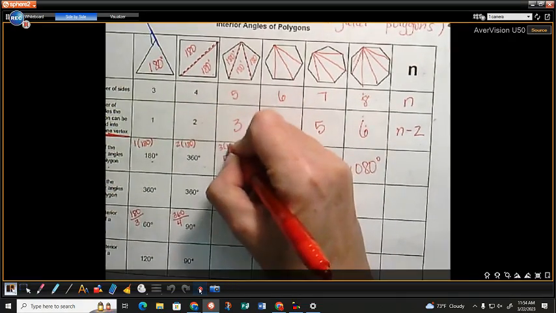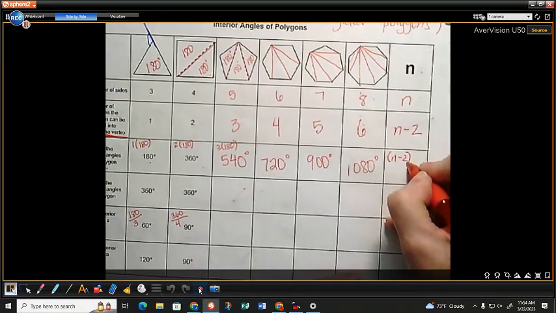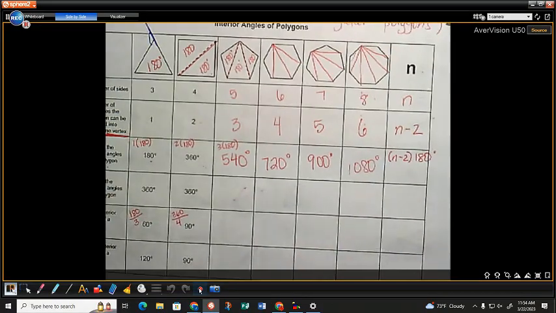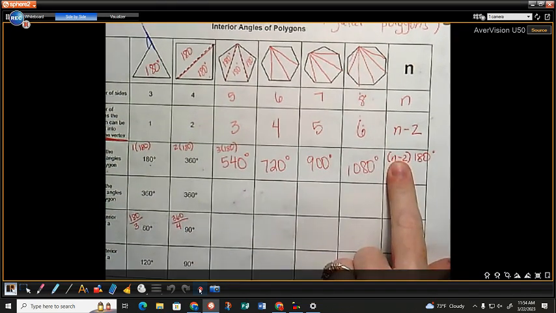So you take n minus 2 and times it by 180. Which you could memorize if you really wanted to, but I recommend you just remember: cut it into triangles, there's always 2 less, and each of those triangles has 180 degrees. So, n minus 2 to get the number of triangles times 180 degrees.